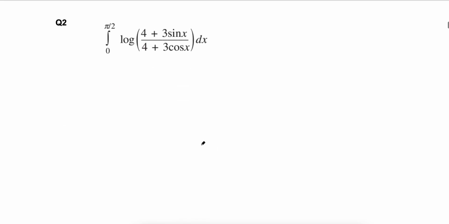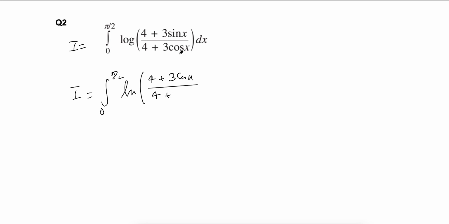This also looks like exactly the same kind of question. This is I, applying the King formula, because otherwise there is no idea. So 0 to pi by 2, directly I am doing ln 4 plus 3 sin pi by 2 minus x, meaning 3 cos x, divided by 4 plus 3 cos pi by 2 minus x, cos pi by 2 minus x is sin x.